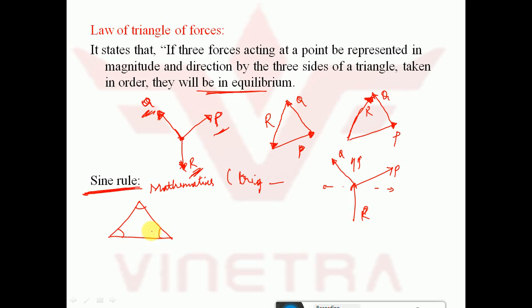Let us take the angles as X, Y, Z, and the three sides as P, Q and R. The sine rule defines that P divided by the sine of its opposite angle, sine Z, will be equal to Q divided by sine X, which will be equal to R divided by sine Y. So the sine rule states that the length of a side divided by the sine of the opposite angle is equal for all sides.